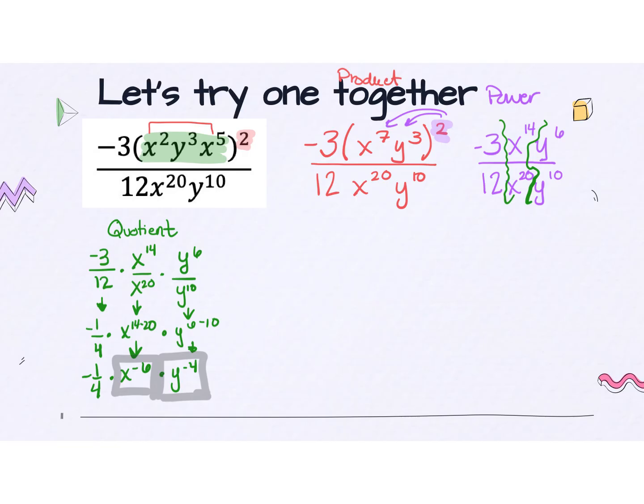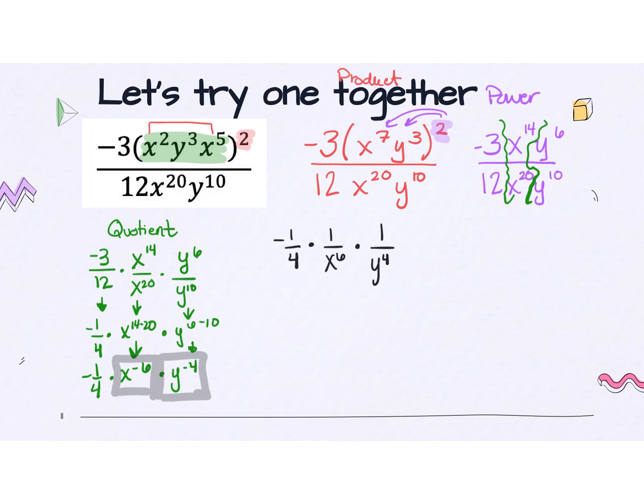It's a number. It's a constant. We're just going to keep it with us. So I'm going to work on my negatives now. I still have negative 1/4, but I know I cannot have a negative exponent. So I put 1 over the base and raise it to the power of a positive exponent.